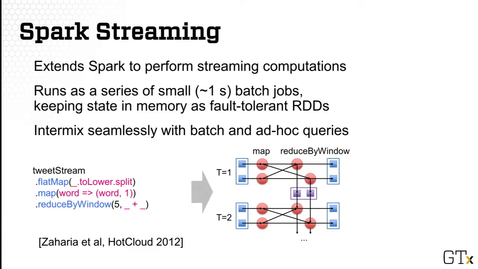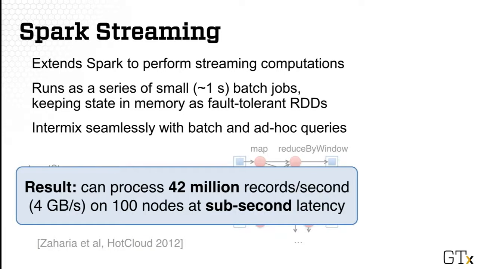Conceptually, this is a very small modification of a standard Spark program that runs on the full data. This is great because we can easily intermix batch and ad hoc queries. With a large number of machines, Spark Streaming can process streaming data at high speed, up to tens of millions of records per second, with low latency.